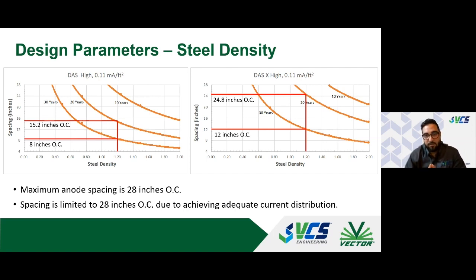So if we were to place an anode at one location, it would be able to throw current 14 inches to the right and 14 inches to the left. And if we were to exceed that spacing, then there would be an area where your anode is not really able to protect that steel. So it's very, very important to keep that in mind.